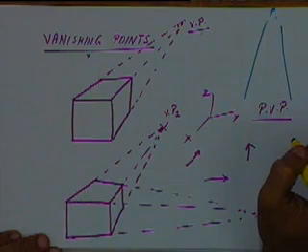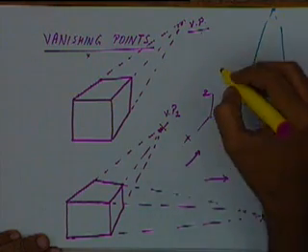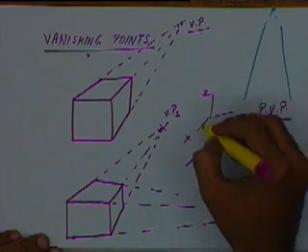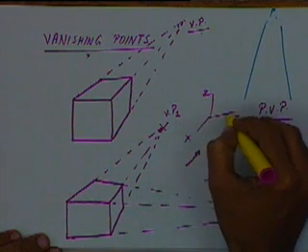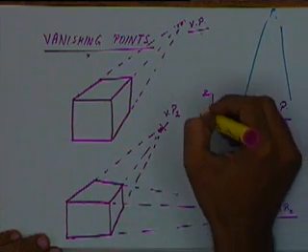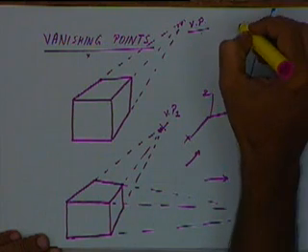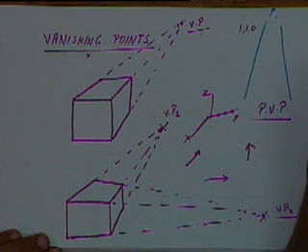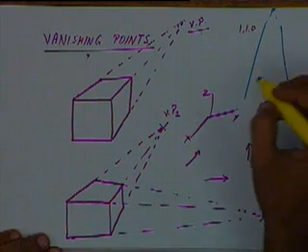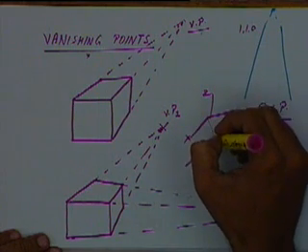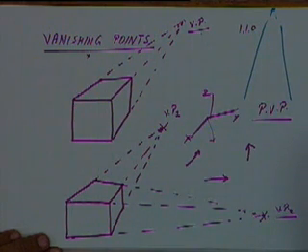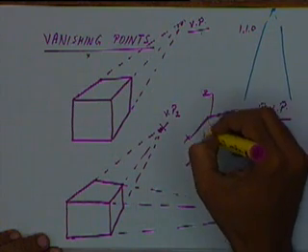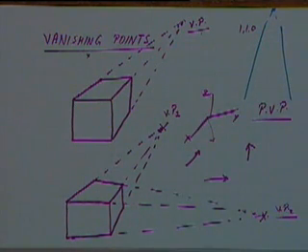If we have a set of lines in the direction given by the vector 1 1 0, a vector like this, all lines parallel to this direction will also seem to come from some other point.